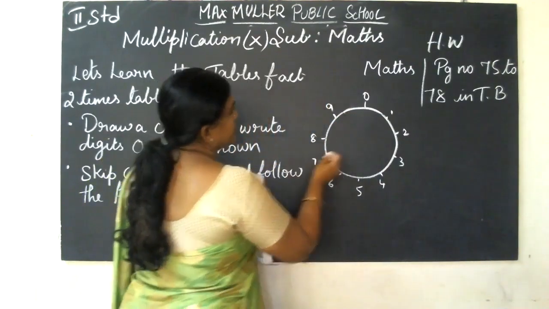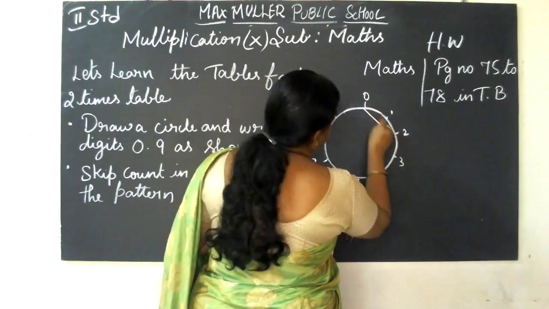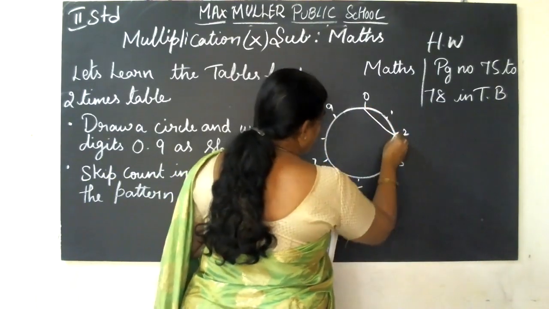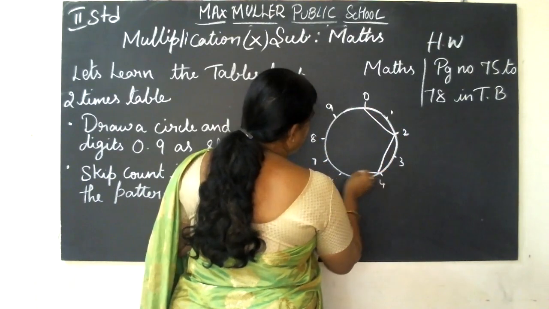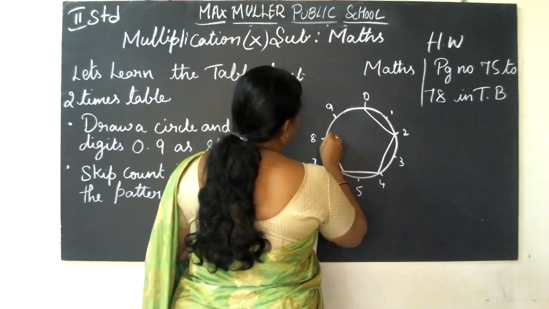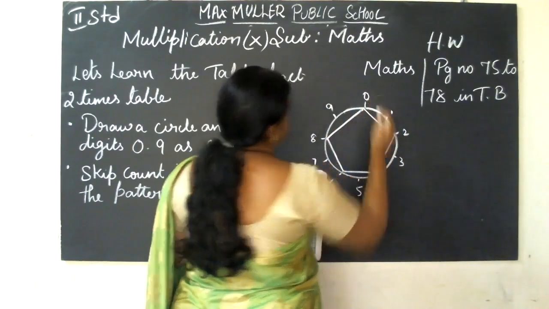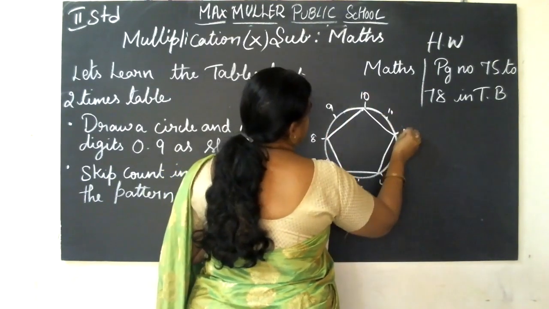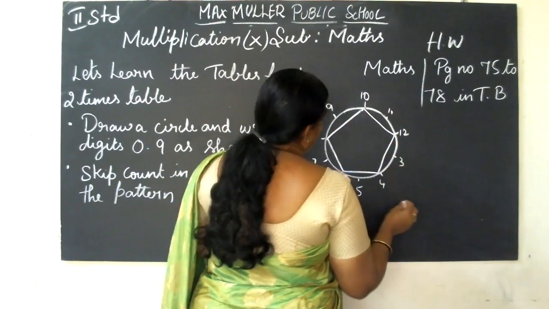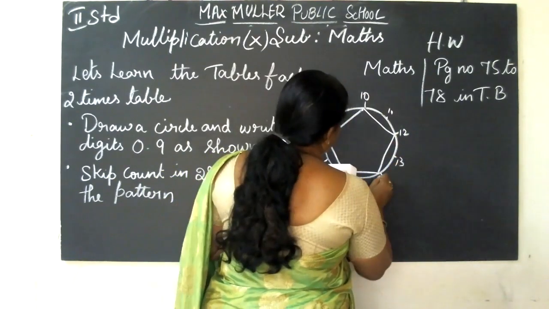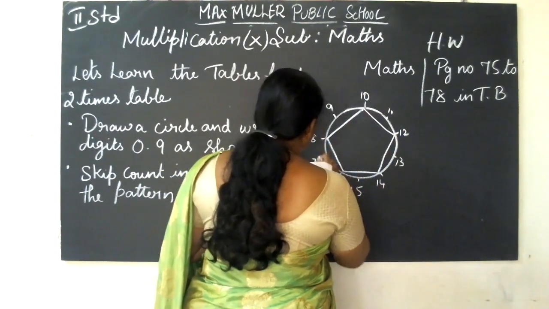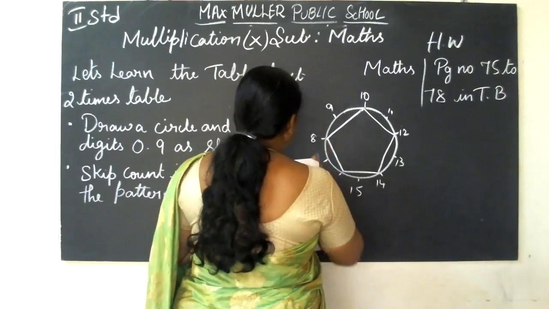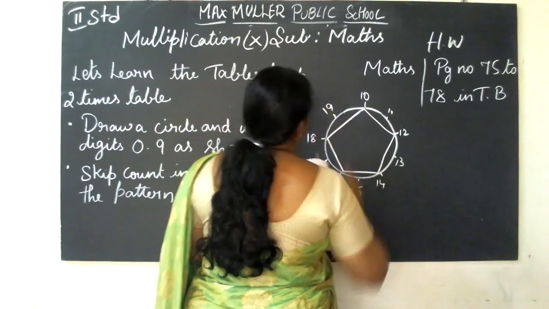Now the 2 table now, children. Here you want to write 2 ones are 2, 2 twos are 4, 2 threes are 6, 2 fours are 8, 2 fives are 10. If you write here 10, 11, 12, 13, 14, 15, 16, 17, 18, 19.